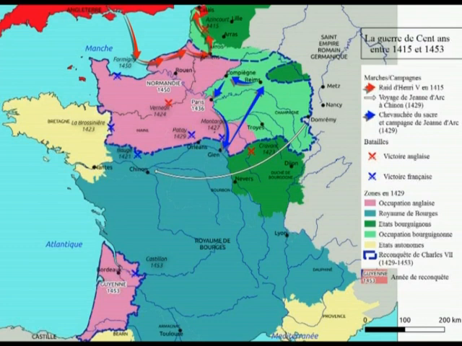The truce was brought to an end by the French in June 1449, and the English strongholds in Normandy were very much depleted and weakened.